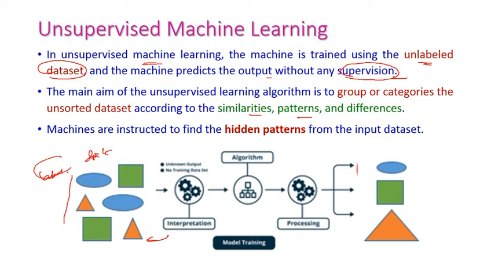Accordingly it groups or categorizes the given data set, right? So accordingly it will group the data, and the machine is instructed to find the hidden patterns. Accordingly it will find the shape of the given data and group the data.